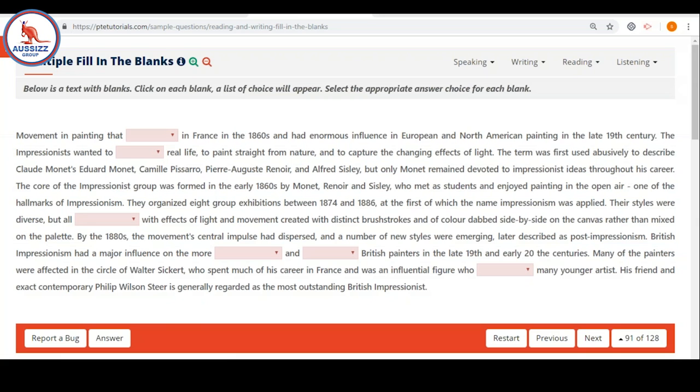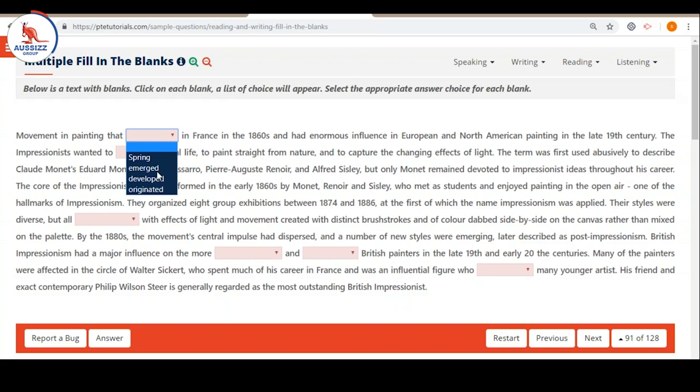Then the Impressionists wanted to depict real life. You show real life, so the collocation is depict real life. The rest don't fit: you don't represent real life, since someone who has a role in the place of another is representing that person.